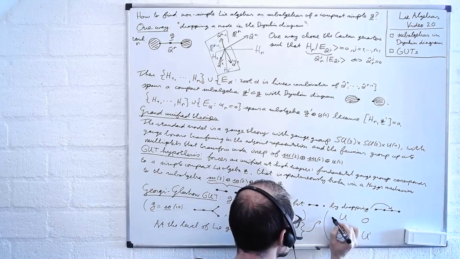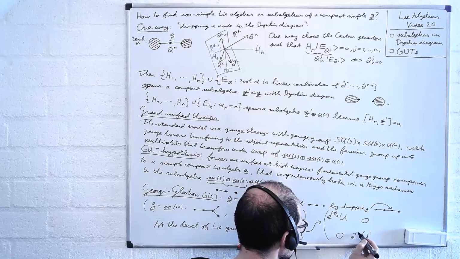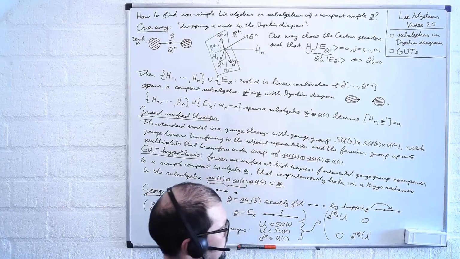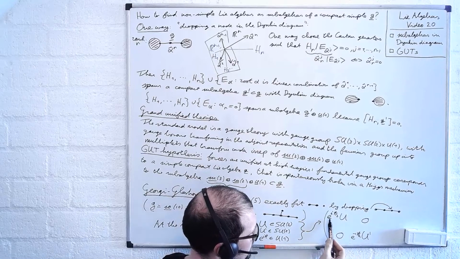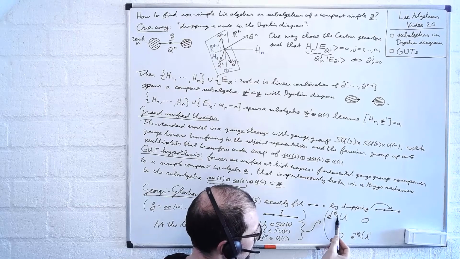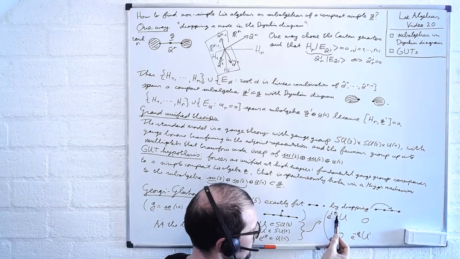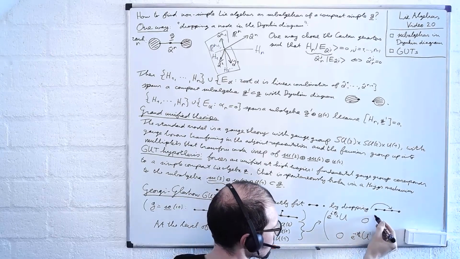So what I can do is write e to the i phi over 3 here, and e to the minus i phi over 2 here. Because then taking the determinant of this matrix gives the determinant of U, which is equal to 1. Here I get the third power of this, so that's e to the i phi, and here I get an e to the minus i phi, because this is a 2 by 2 matrix.